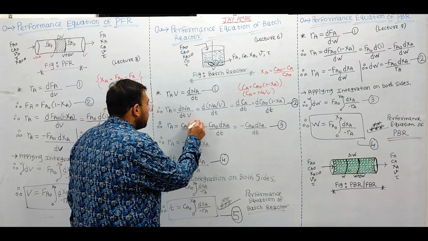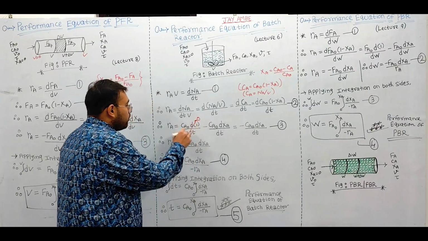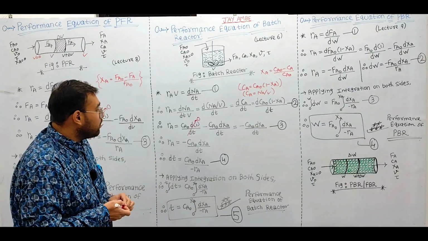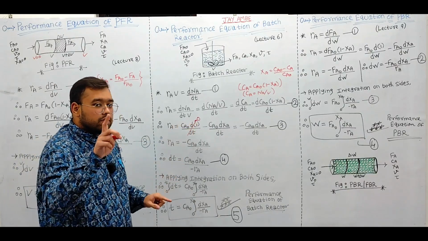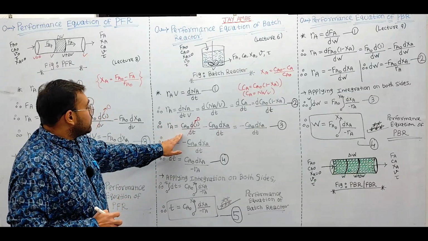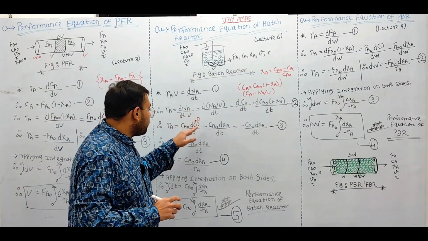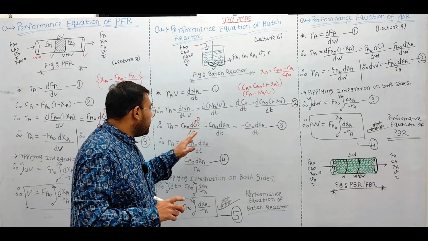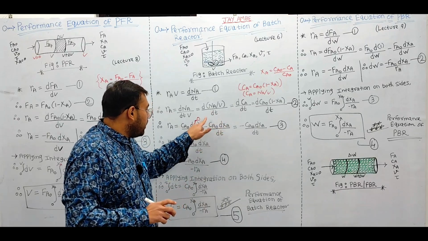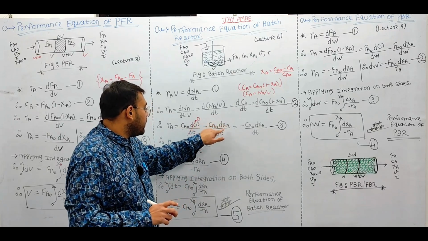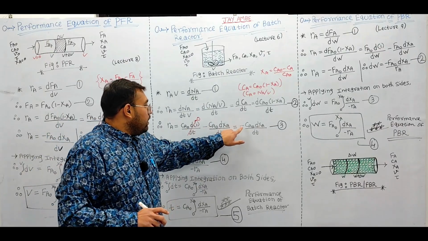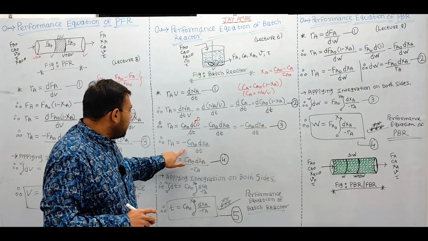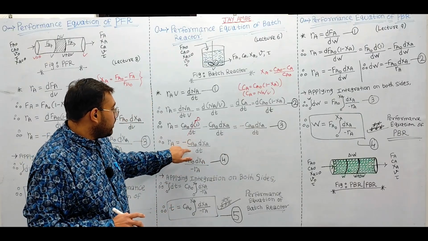Due to those reasons this entire term will be equal to 0, because d by dt of 1 is 0, right? So finally we are remaining with only this term on the right hand side, minus Ca naught dXa by dt. So finally we can write Ra is equal to minus Ca naught dXa by dt, right?